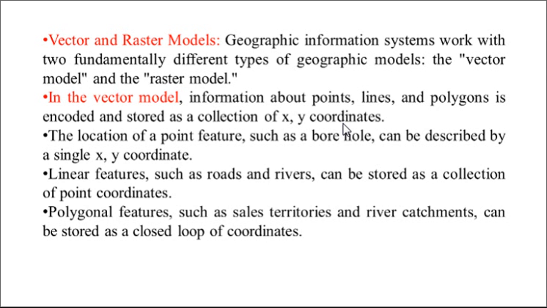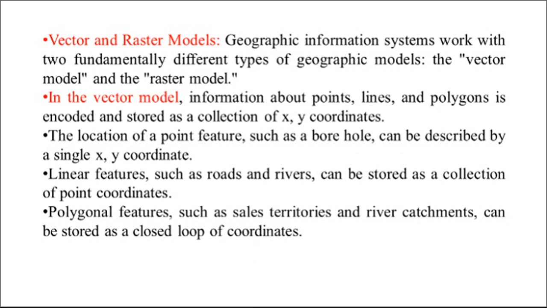Polygonal features such as cells, territories and river catchments: river catchment means the area from which water is coming to that particular river. So, cells, territories and river catchments can be stored as a closed loop of coordinates. In this way the information is stored in a vector model.